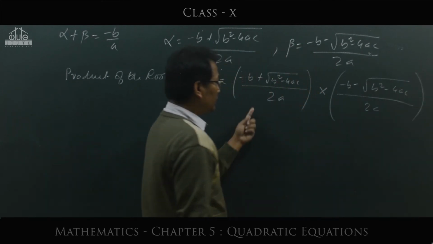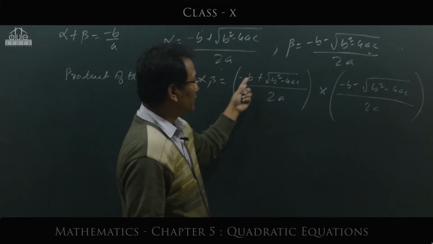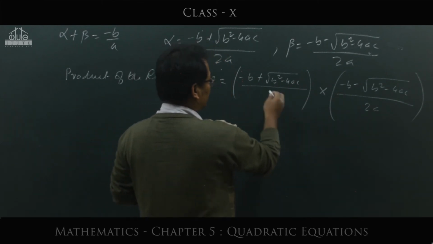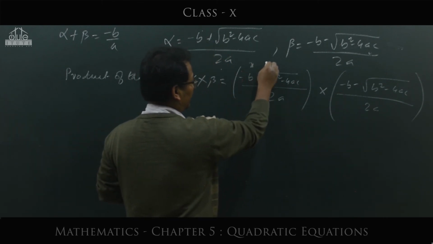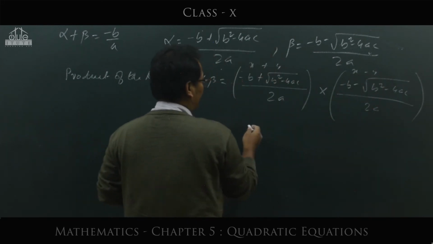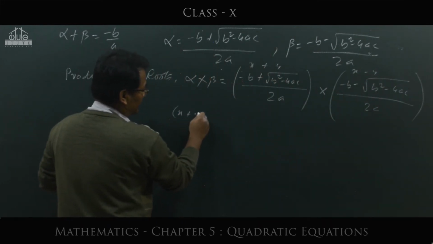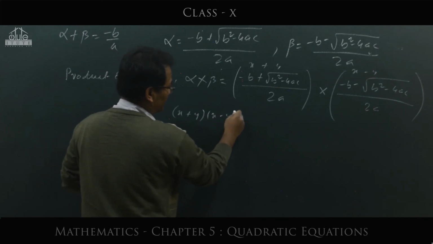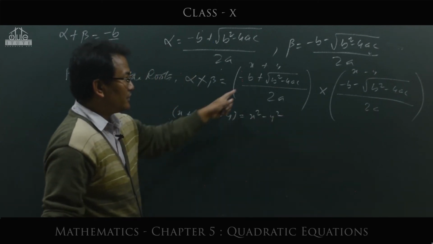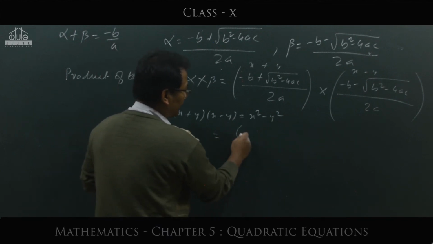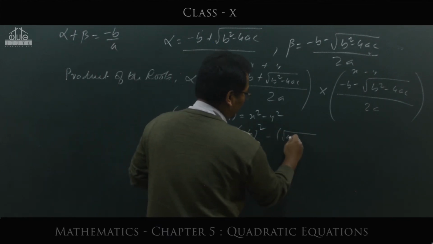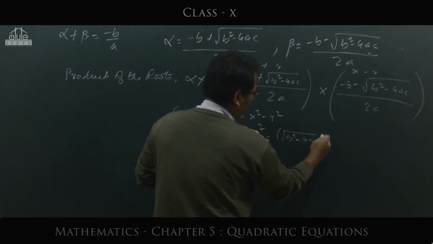So denominators will be multiplied and numerators will be multiplied. You will see the numerator is in what form. This is say x plus y and this is x minus y. So algebraic expression for x plus y and x minus y is equal to x square minus y square. So using this idea, the numerator can be written as minus b square minus root over b square minus 4ac square.